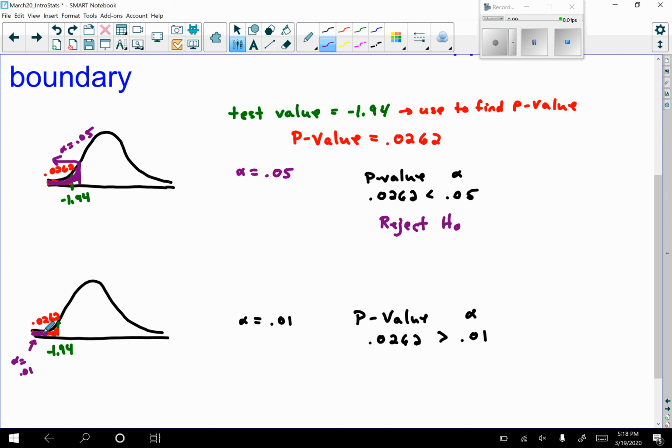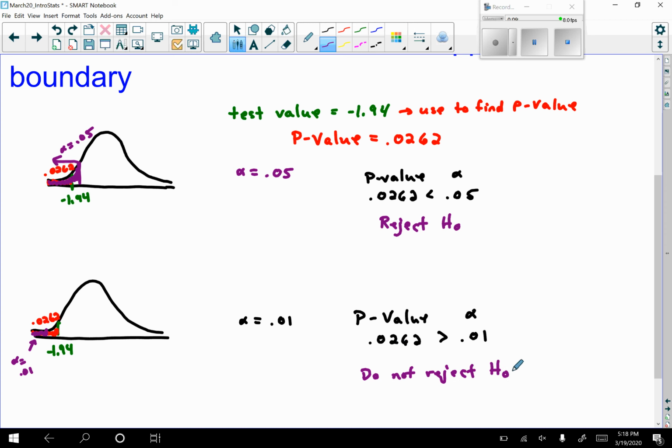Everything in purple there I would reject, but since I have a little bit of red that's not in that purple region, it's beyond it, now it's into the non-critical region. So this is why we would say when our p-value is greater than alpha, we do not reject the null hypothesis.